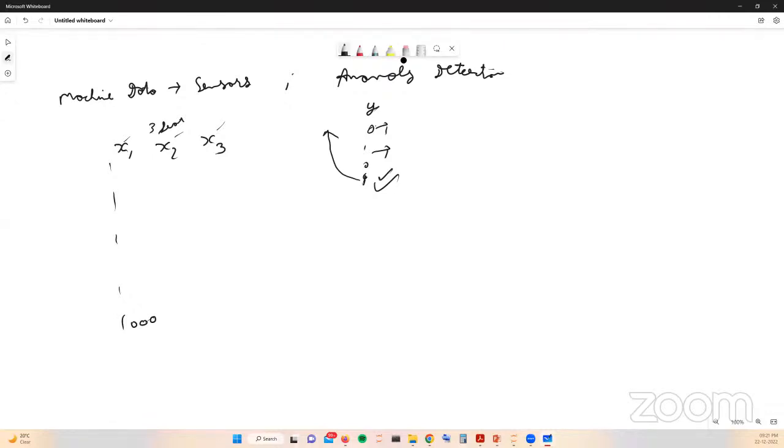Now, how will I feed these X and Y's inside my LSTM architecture?